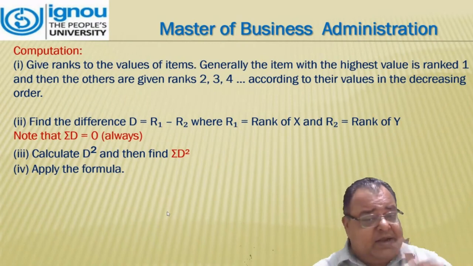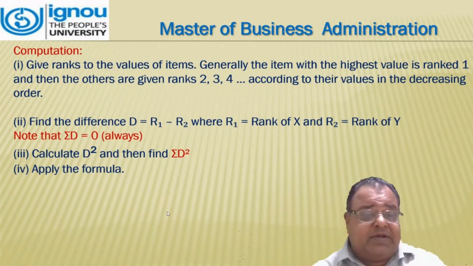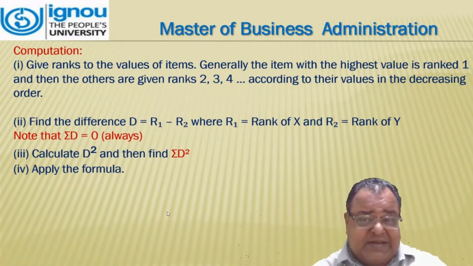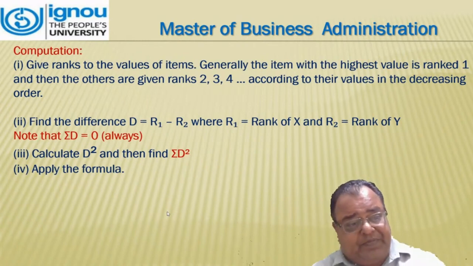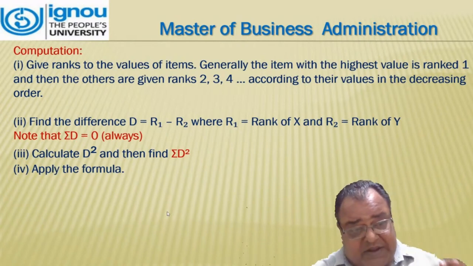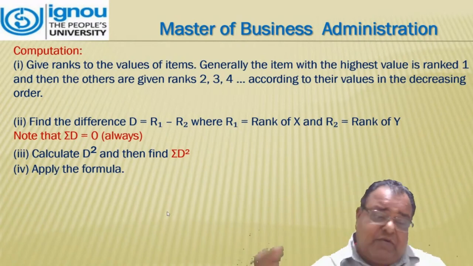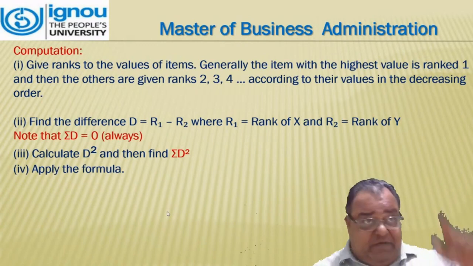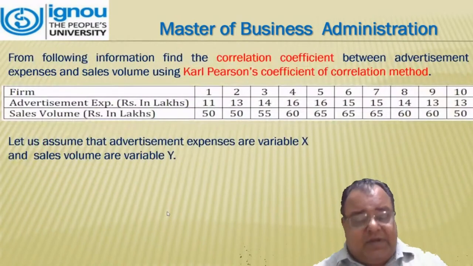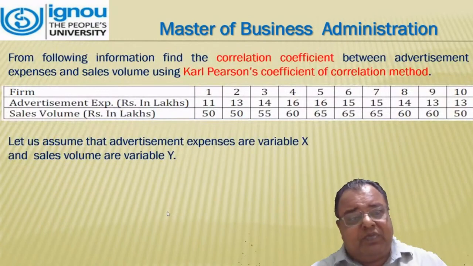We have to calculate the differences of the ranks. That means D is equal to R1 minus R2, where R1 is the rank of X and R2 is the rank of Y. Note that summation of D will always be 0. Then we have to calculate D square, add them, and apply the formula. We will see how this is done.